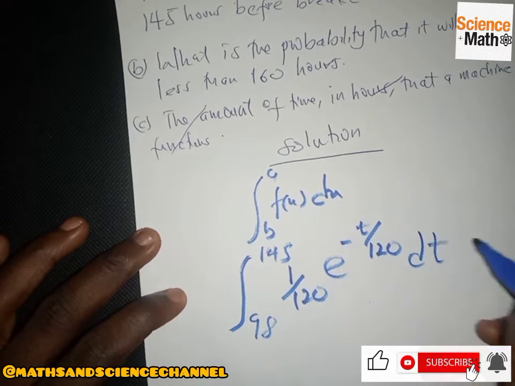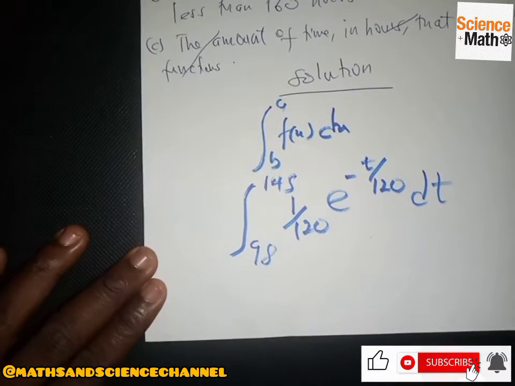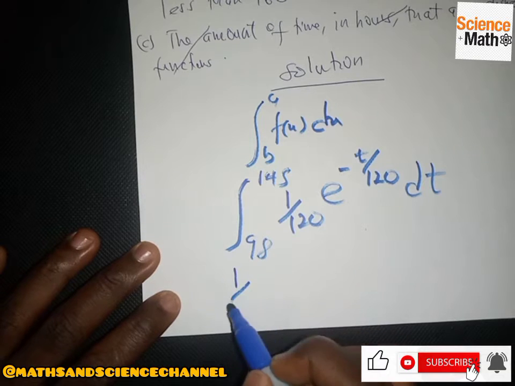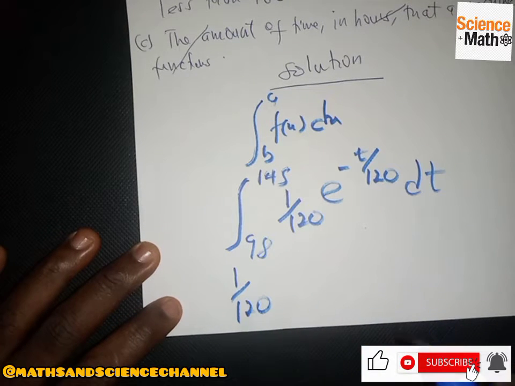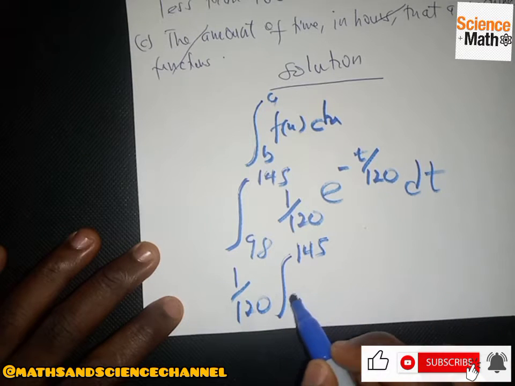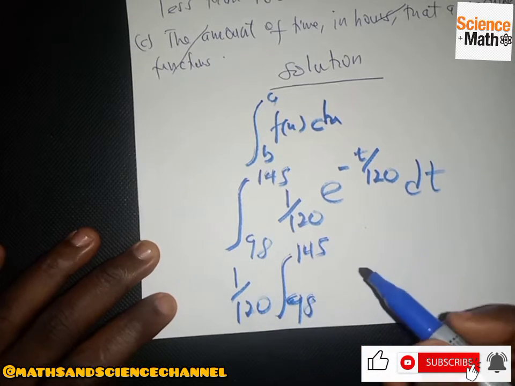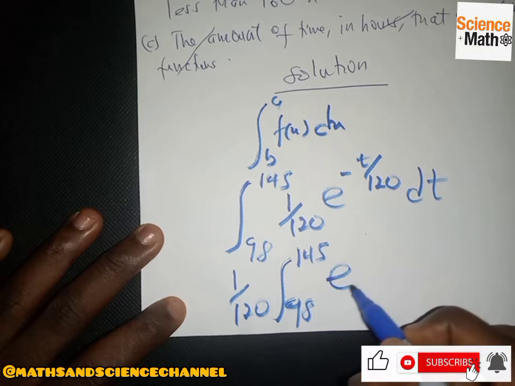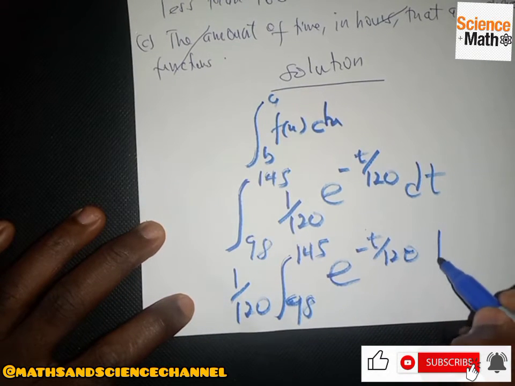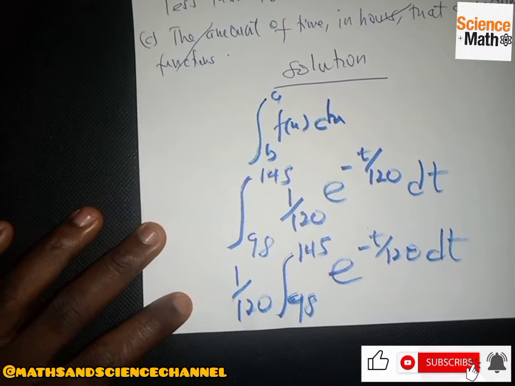So we have dt in this case. So let's go ahead and integrate this. What we can do is just bring 1 over 20 out, since this is a constant, with limits 145 and 98. Then we are left with e to the power of that, and we are integrating that with respect to t.